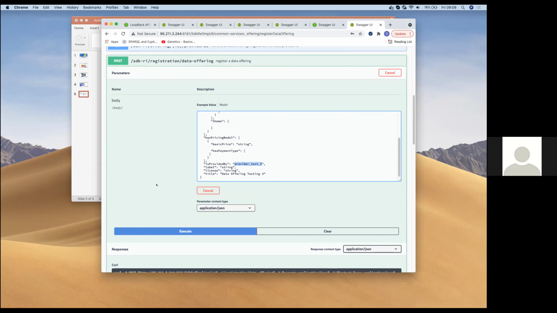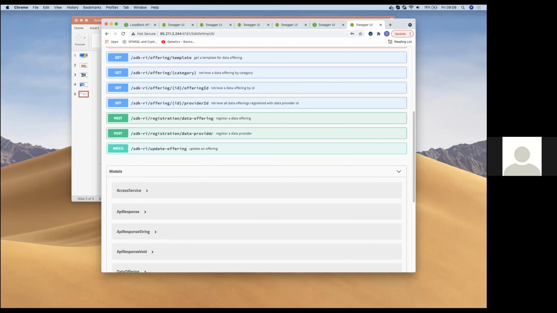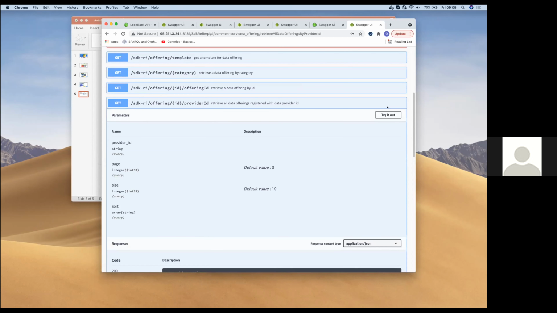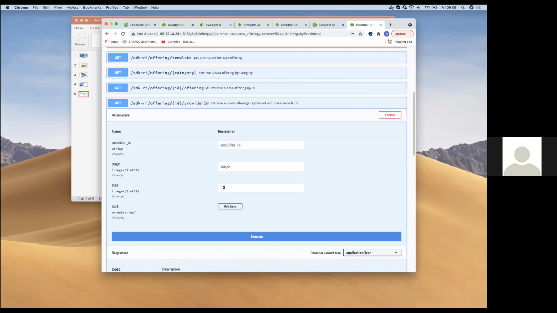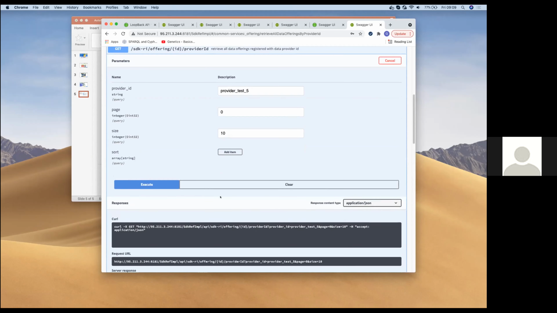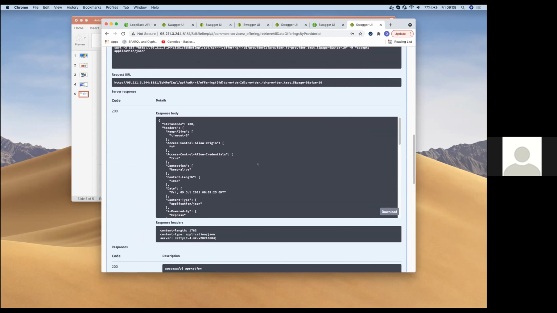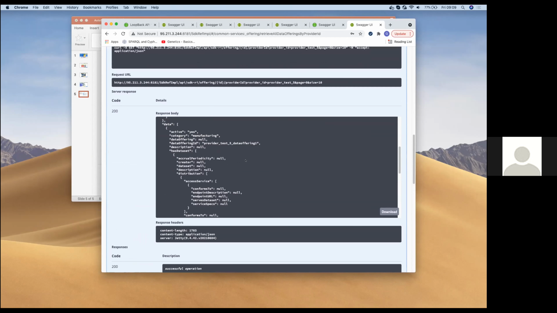If at some point someone is looking for all the offerings registered by a particular data provider, then he or she can use the provider ID and should be able to receive the offerings he or she has registered. This one you can see.